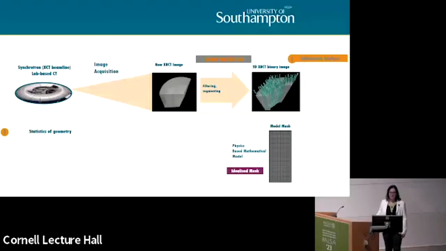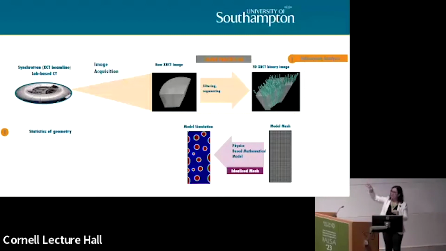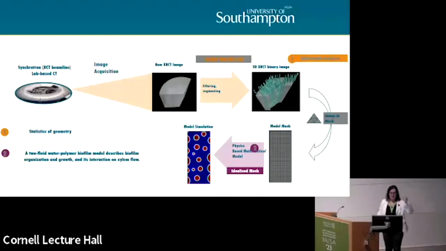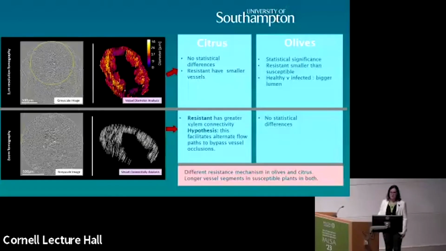But then we take the images and we develop a mathematical model based on those images, of how the bacterial biofilm evolves in a xylem vessel. So the red blobs there are bacterial biofilms, and blue is just the water. And ultimately, we basically get this circle of modeling combined with X-ray geometry. It's a sort of digital twin of Xylella disease in the olives and citrus trees.